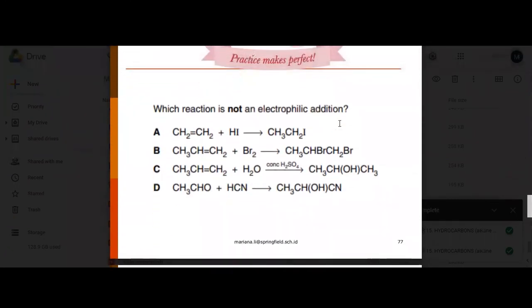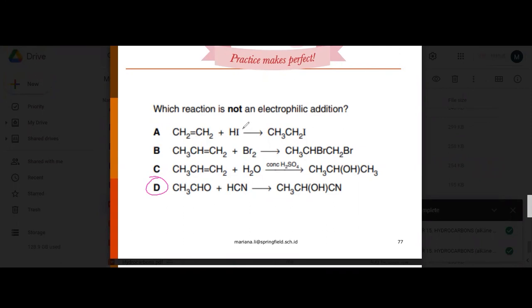Next question, which reaction is not an electrophilic addition? The answer is D. Why?